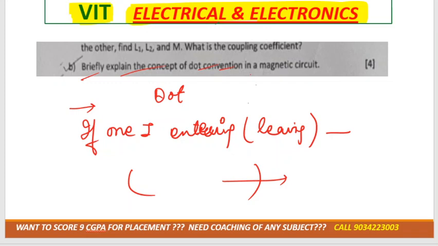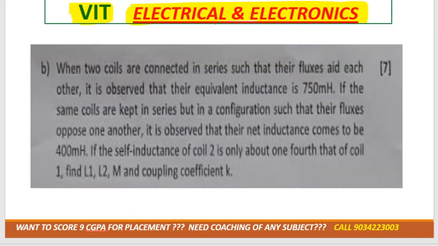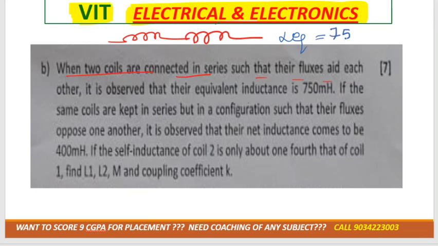Like this one: when two coils are connected in series such that their flux aid with each other, it is observed that the equivalent inductance is 750 millihenry.